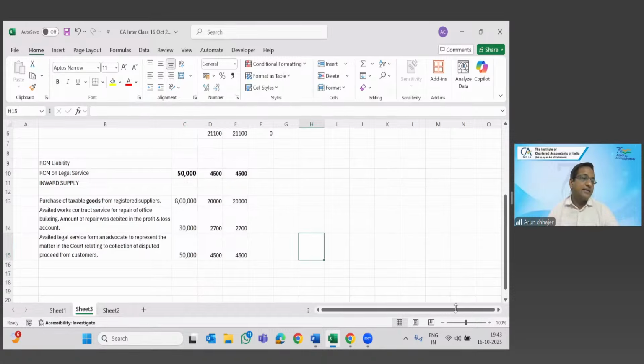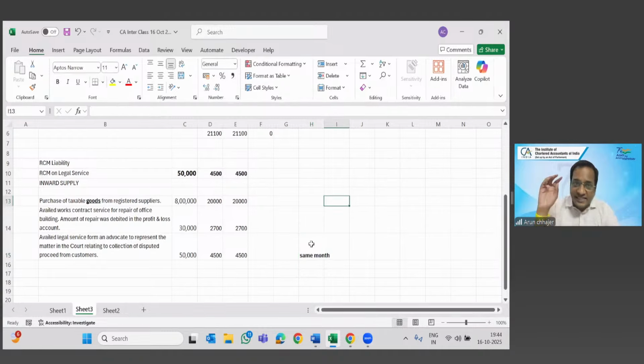Give me the answer whether ITC of the RCM transaction will be available in the same month or in the next month, because in the current month you are paying the tax, so ITC would be available in the next month. Give me the answer. Answer is same month. Remember why?